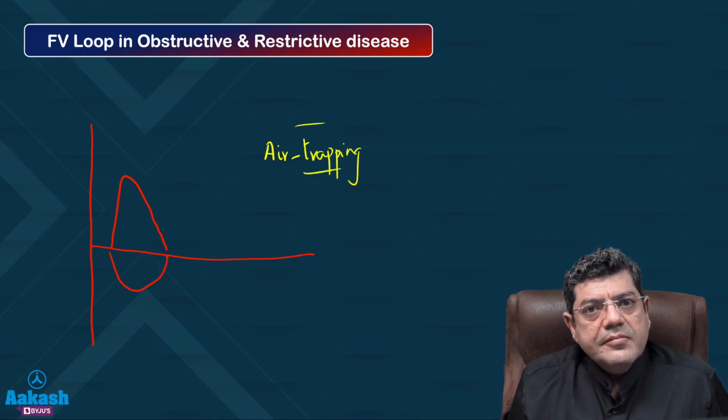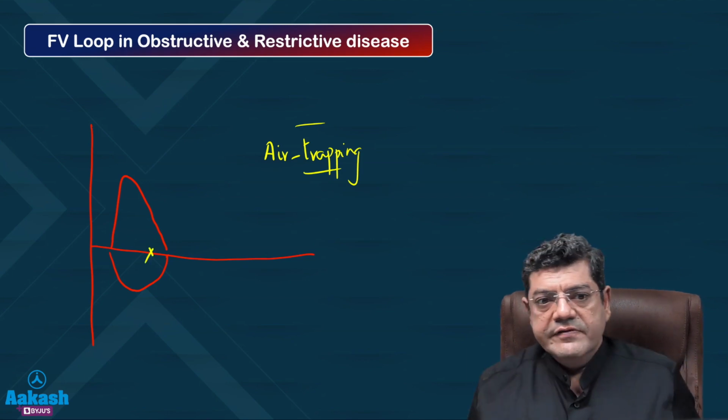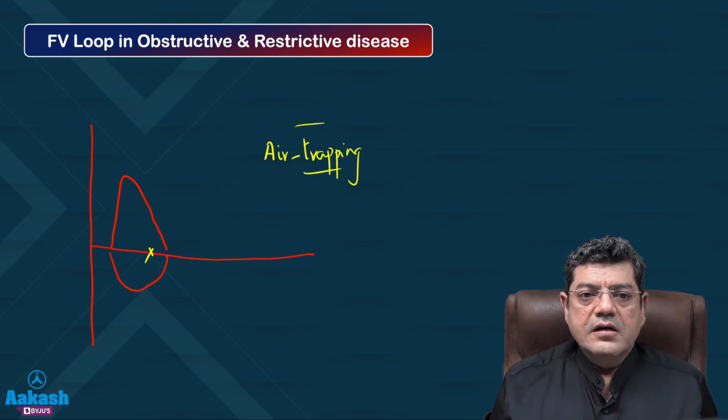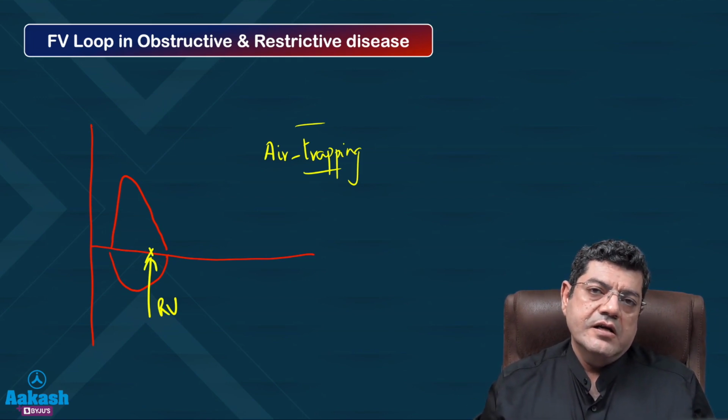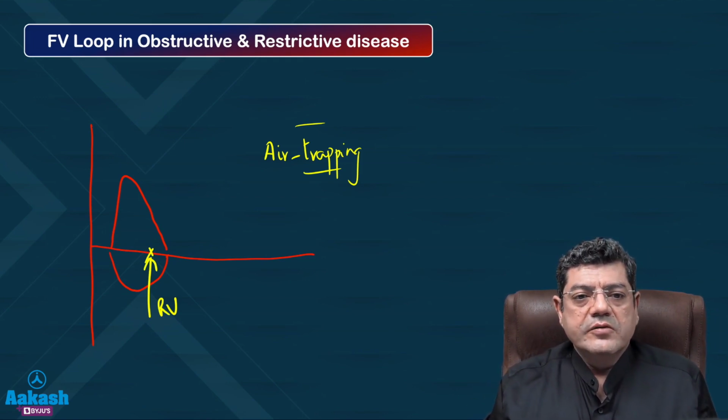When air gets trapped and you can't empty out the lung as fully as you otherwise would, the residual volume will increase. Air is trapped because we can't expire fully, exhale fully, and the residual volume increases.